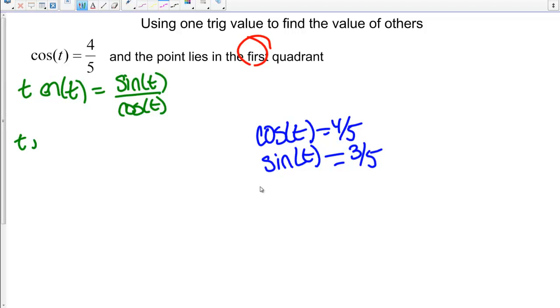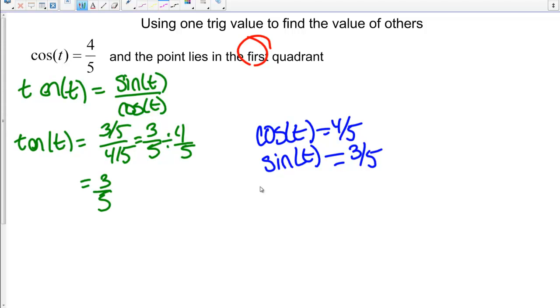So we have tangent of t equals 3/5 divided by 4/5. So we get 3/5 divided by 4/5, which is the same as 3/5 times 5/4. 5's cancel, so we get 3/4.